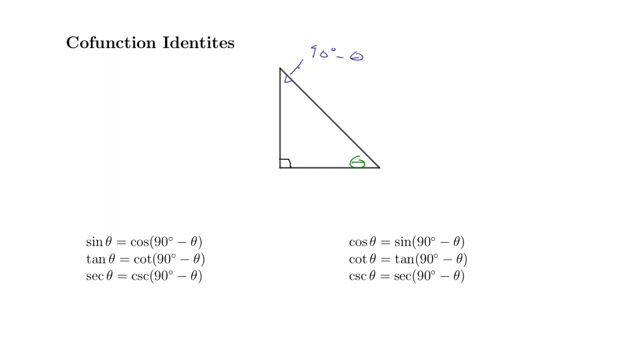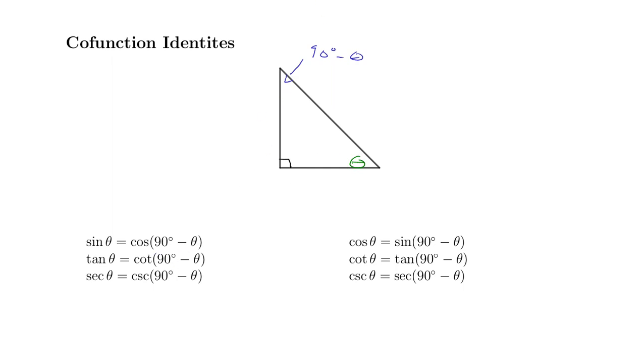It's easy enough to get this measurement. We know that all of these angles have to add up to 180. Since this one here is already 90, that means our two other angles have to add up to 90. So if this one's theta, the other one's just 90 degrees minus theta.